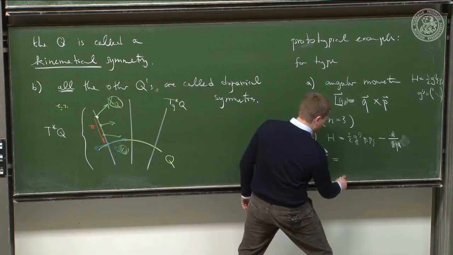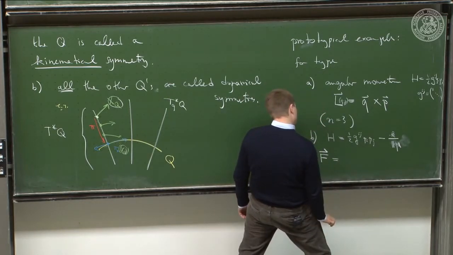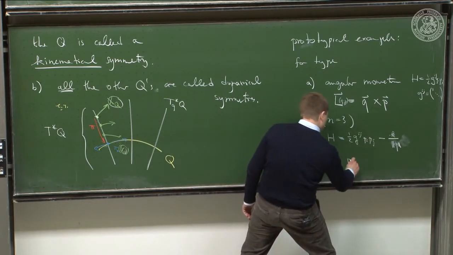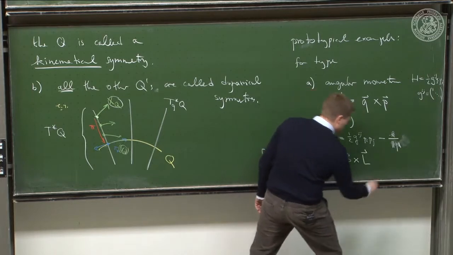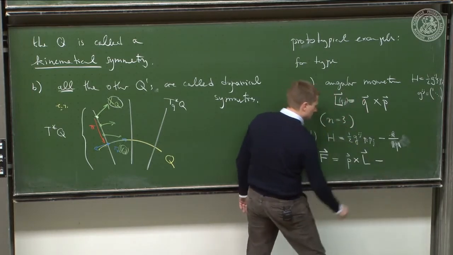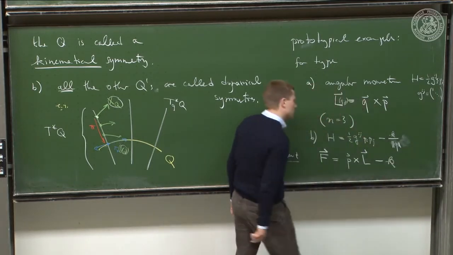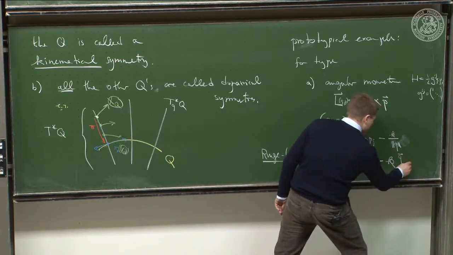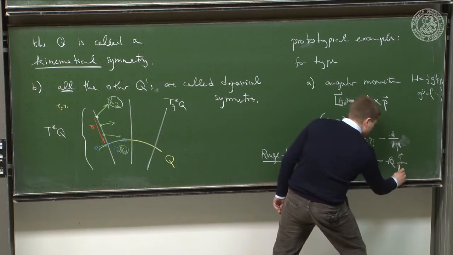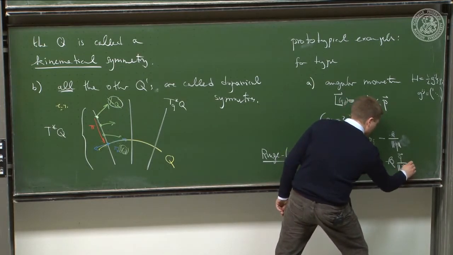And you may remember that this is given as P cross angular momentum minus K Q vector divided by Q vector absolute value squared.